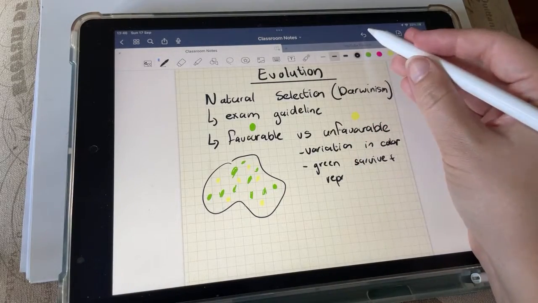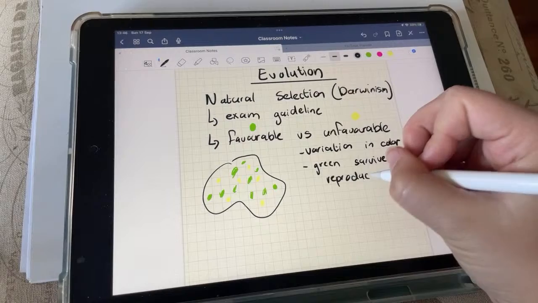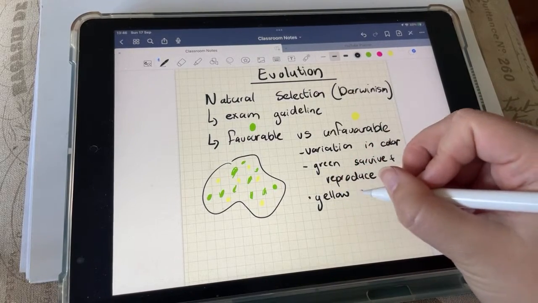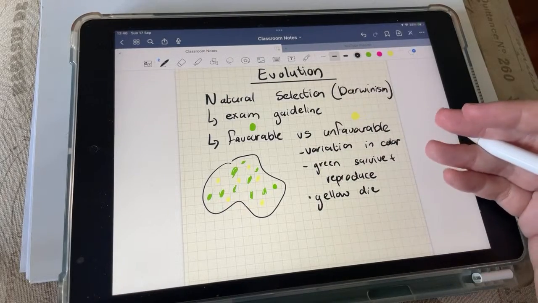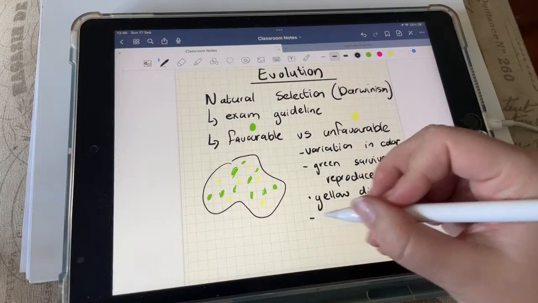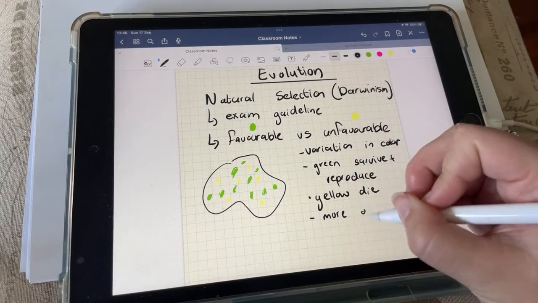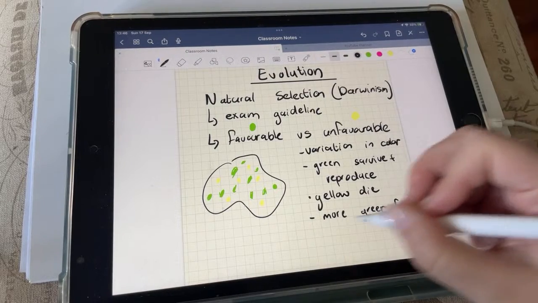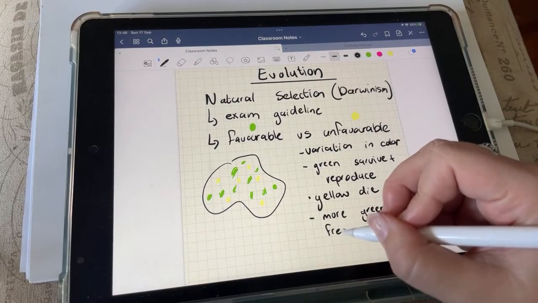Whereas if you are yellow, you will die, you will not reproduce. And if you are green and survive and reproduce, then there will be more green frogs, or there will be more frequency of the gene.